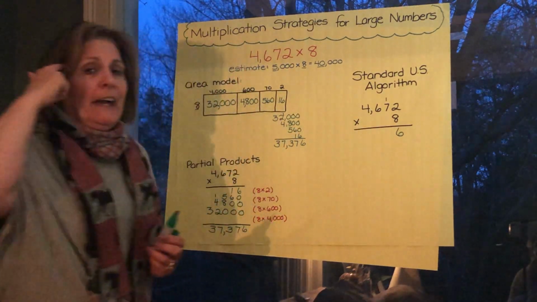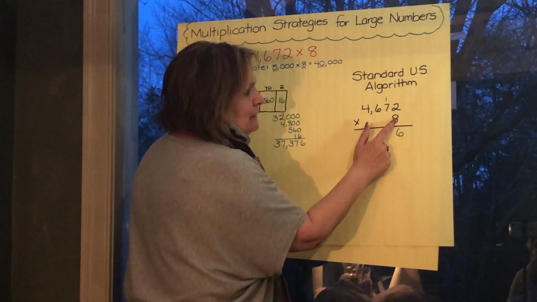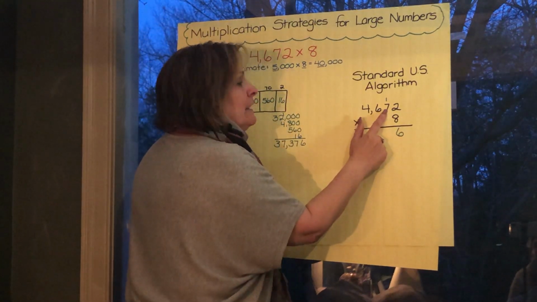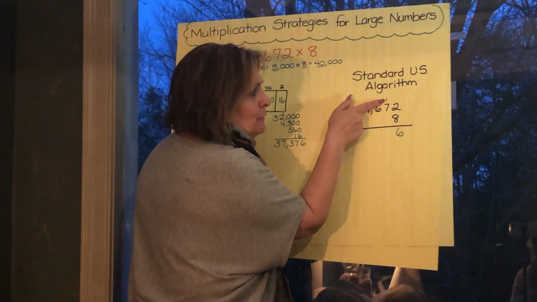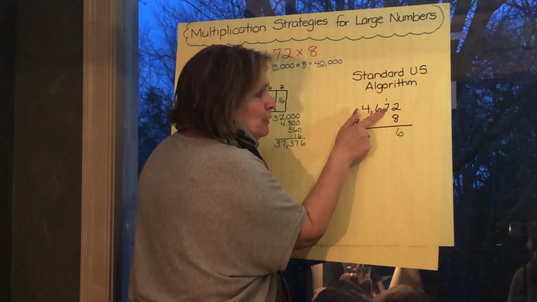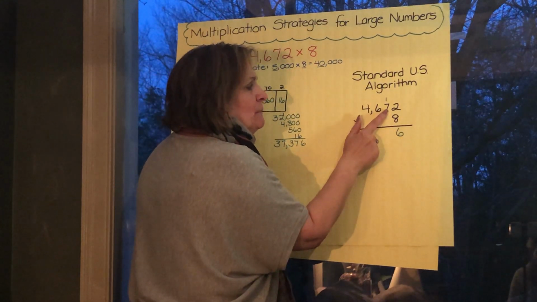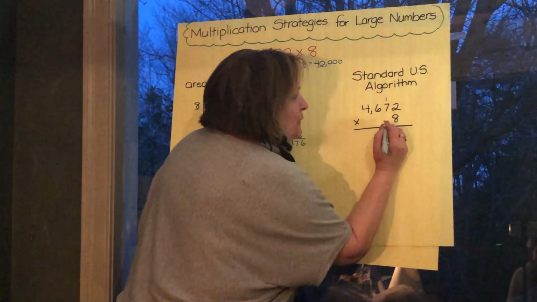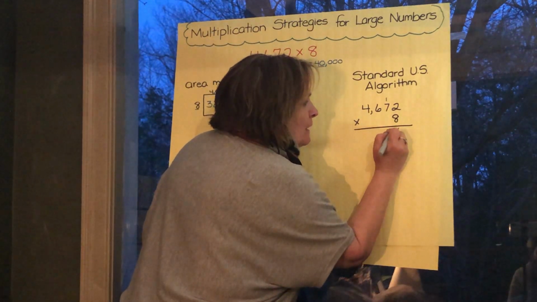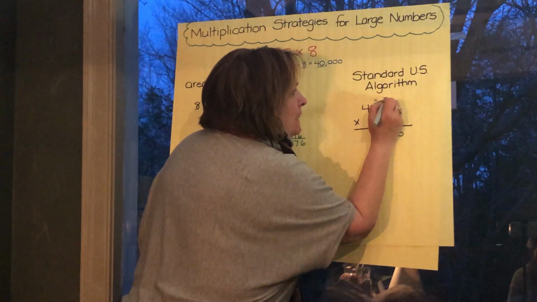We know in our head it's 8 times 70, but we're going to say 8 times 7 is 56 plus 1. So now we're going to multiply and then add what we carried. So 8 times 7 is 56 plus 1 more is 57. We're going to write the 7 down, and we're going to carry that 5.